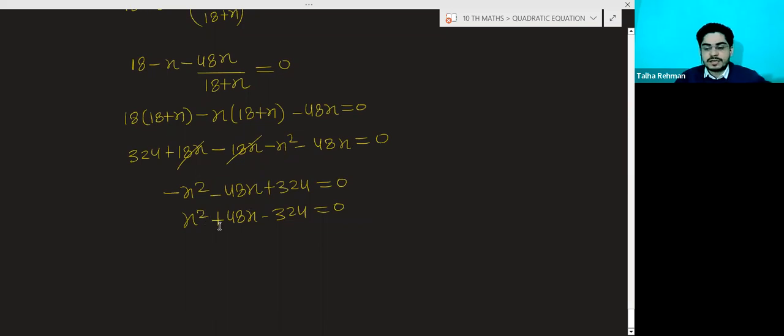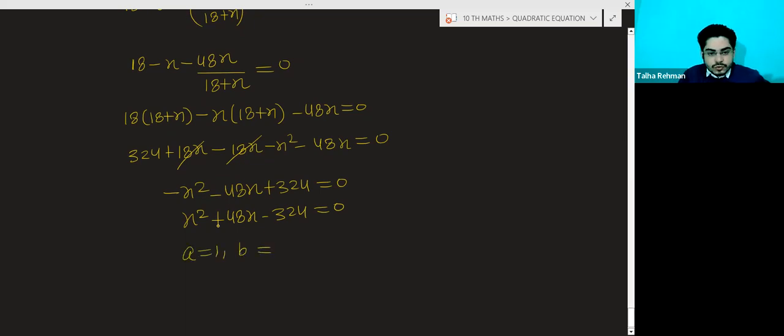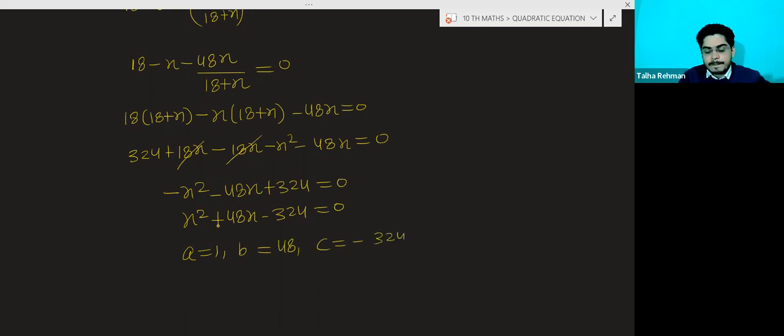Now we can solve this quadratic equation either by splitting the middle term or by the quadratic formula. So I am solving it with the quadratic formula. You can solve it with splitting the middle term. So a is equal to 1, b is equal to 48, and c is equal to minus 324.